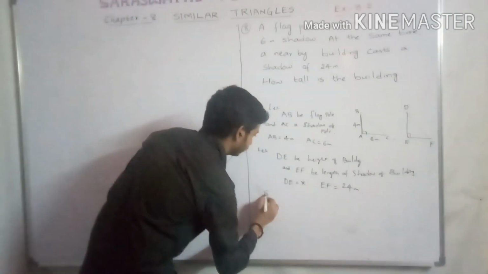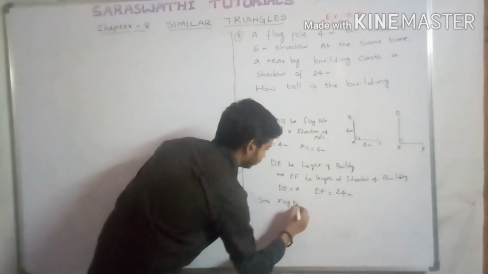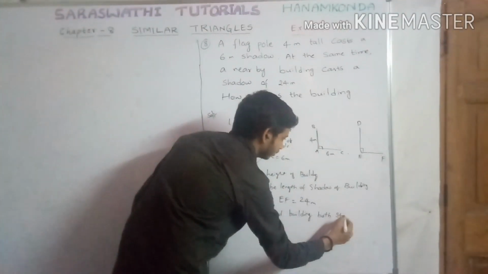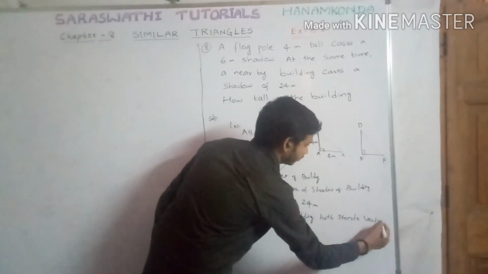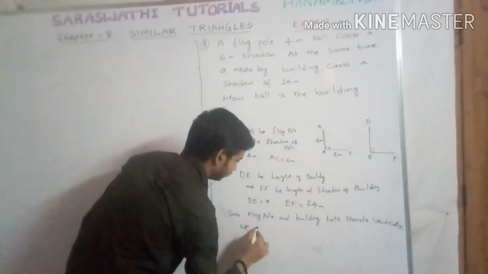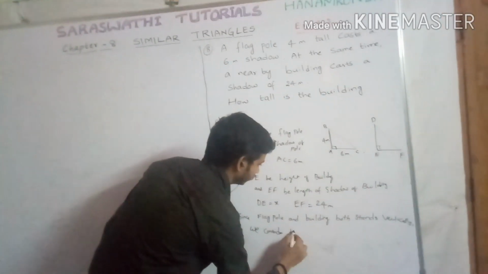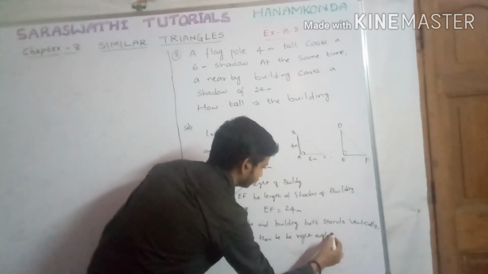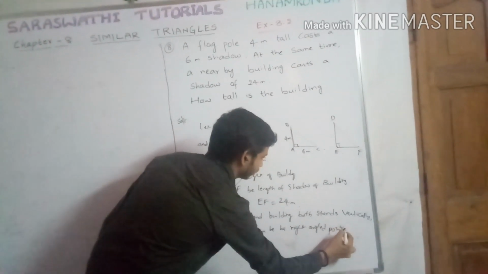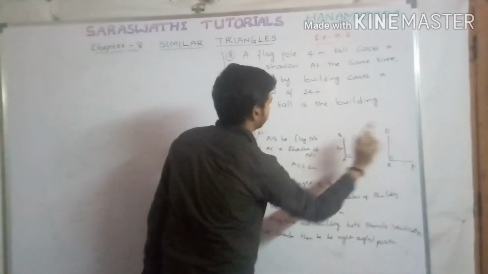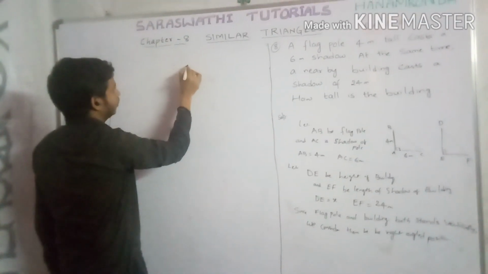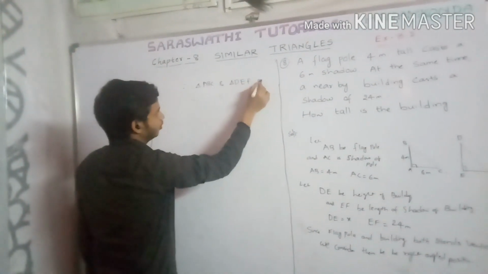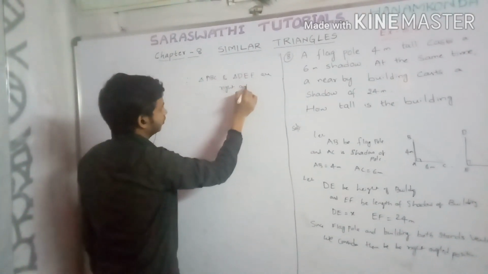Since the flagpole and building both stand vertically, therefore triangle ABC and triangle DEF are right angle triangles.